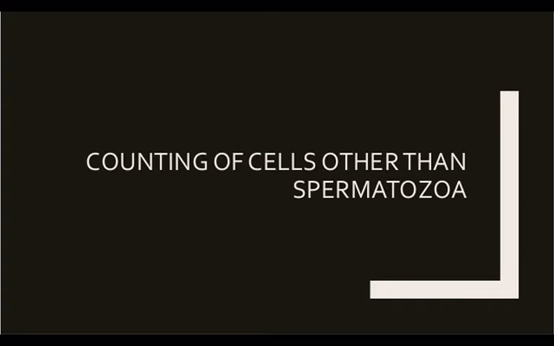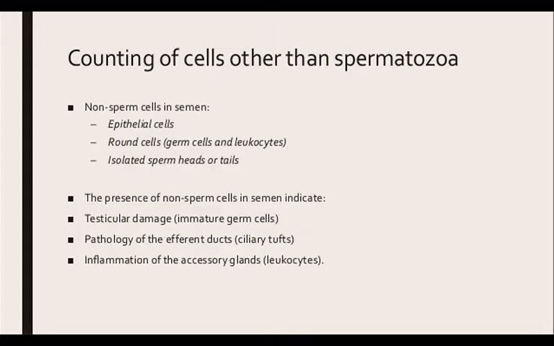Next, we move on to counting of cells other than the spermatozoa, that is, the cells found in the smear other than the spermatozoa. Non-sperm cells in the semen are epithelial cells, round cells like germ cells and leukocytes; isolated sperm heads or tails may be seen.